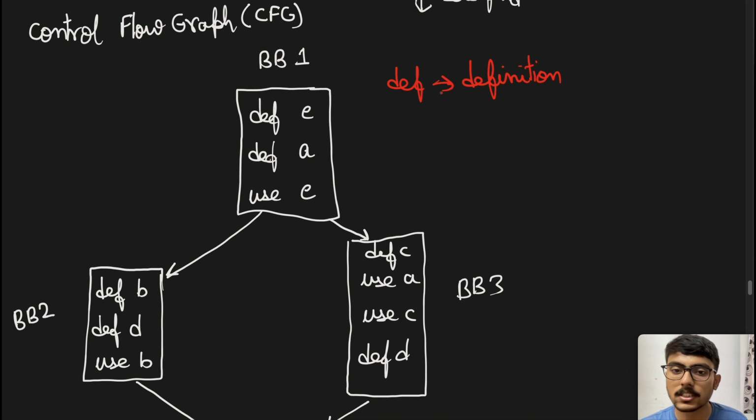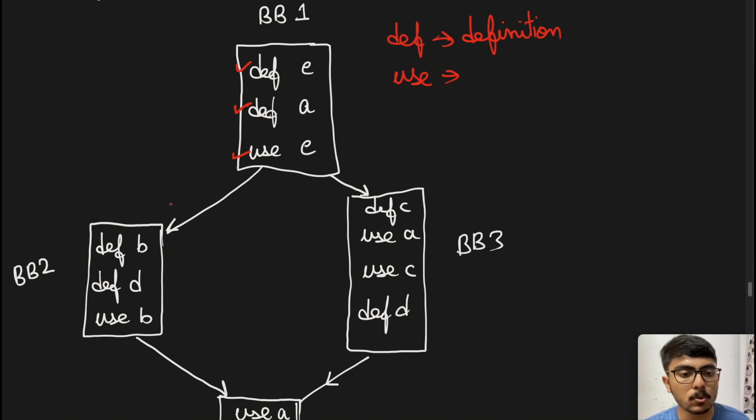And use stands for emitting the value to the user console, or displaying the output, or loading it back from memory to register. So this is what basic block 1 is, and it has def E, def A and use E.